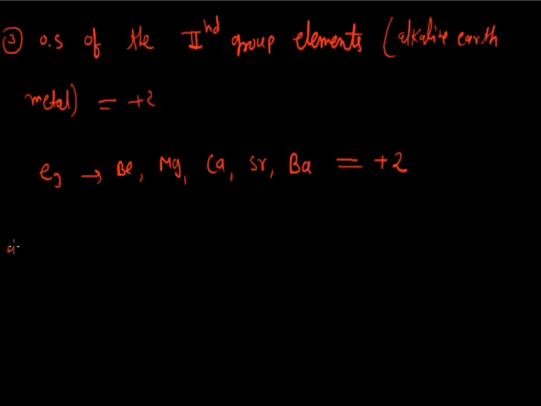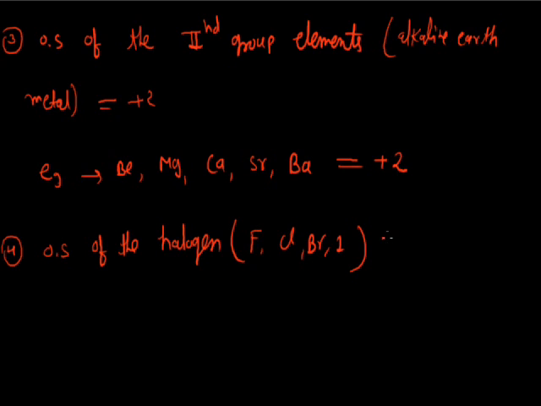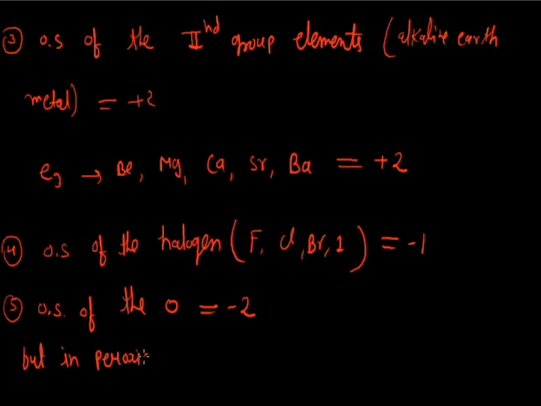And the fourth rule is OS of the halogens, meaning fluorine, chlorine, bromine, iodine, equals -1. And the fifth one is OS of the oxygen equals -2, but in peroxide it equals -1.